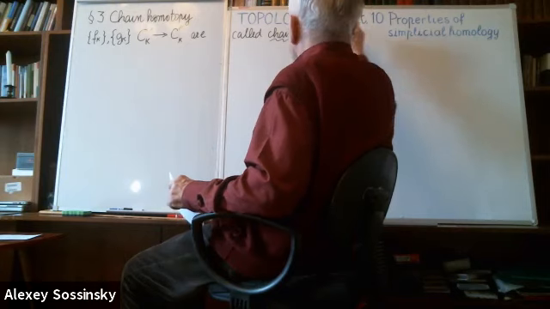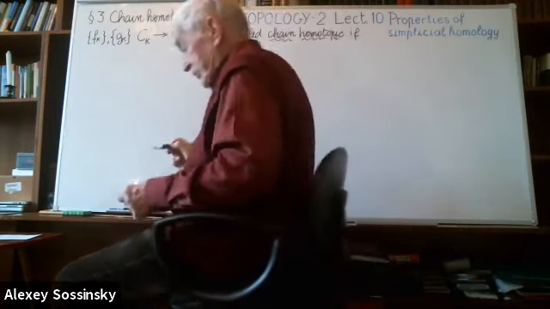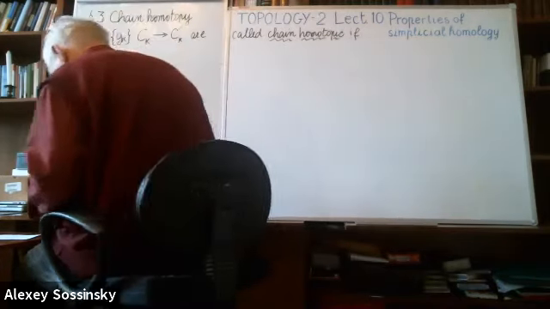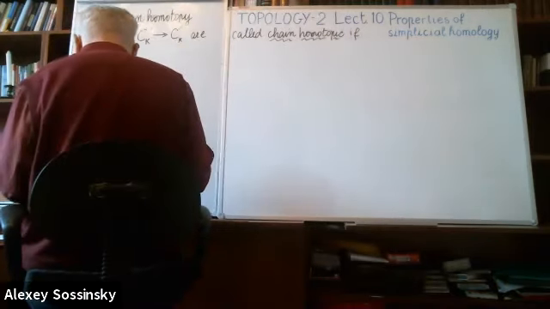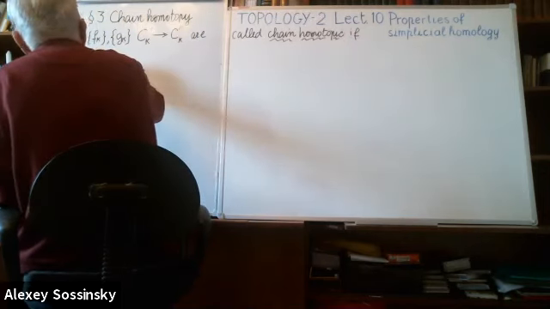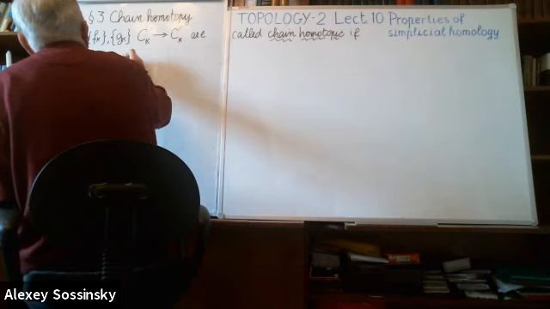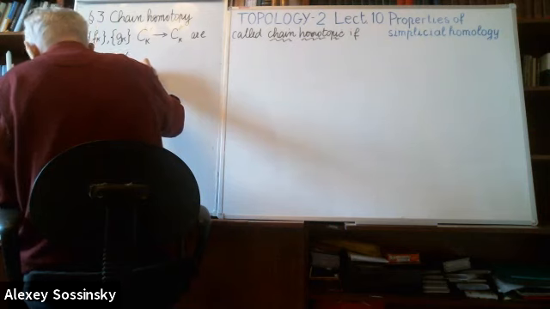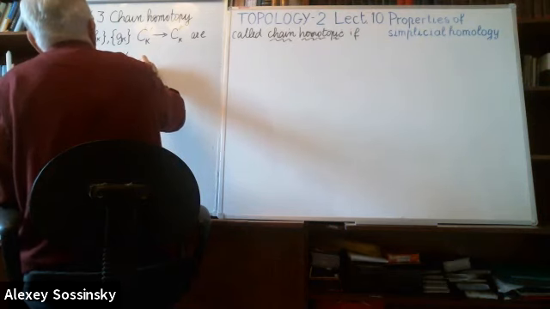If we have the following situation, I'll draw a complicated diagram. Well, not very complicated. Here we have C prime k plus 1.